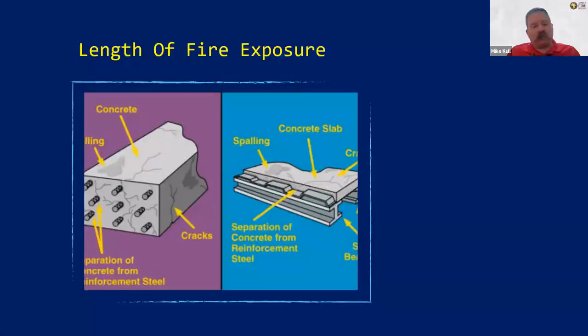Knowing how long the fire's been burning certainly is another factor that we want to consider. The longer the components of the building structure are exposed to fire, they go through all sorts of changes. Structural steel, those steel I-beams, when they're exposed to high temperature, are going to begin to stretch, they're going to begin to expand.